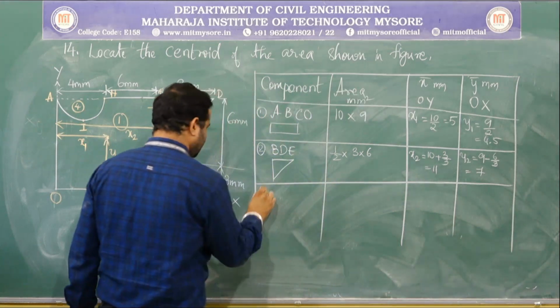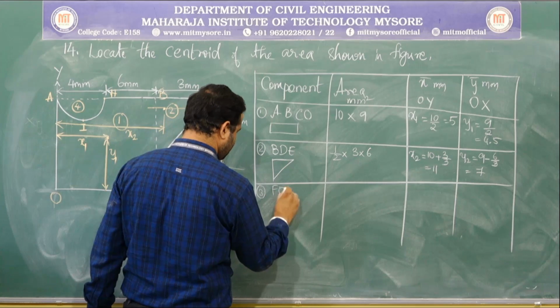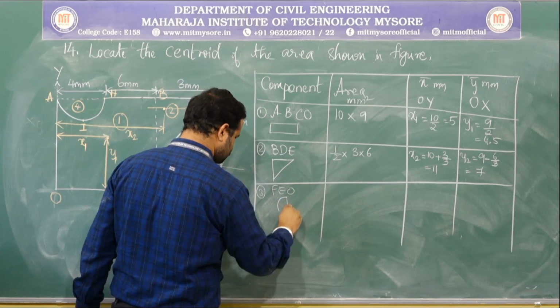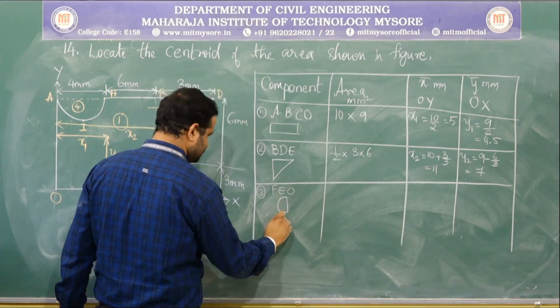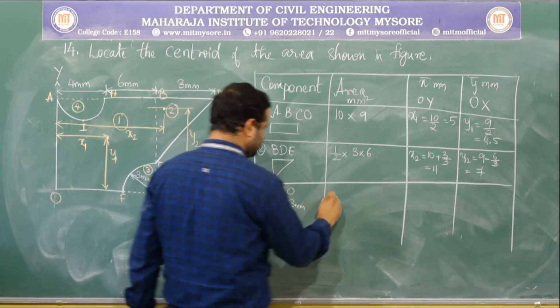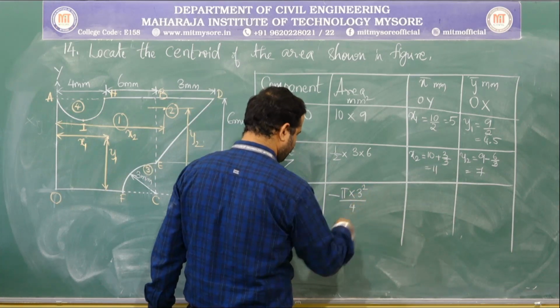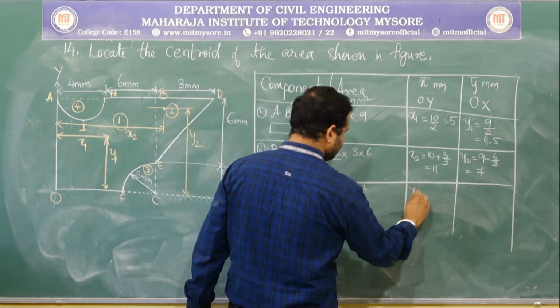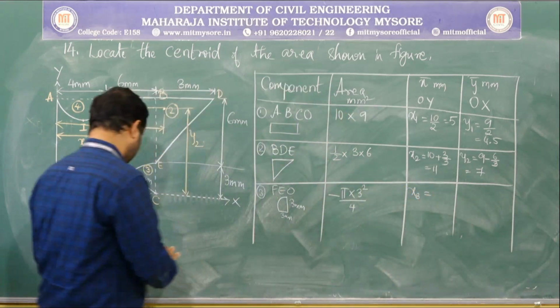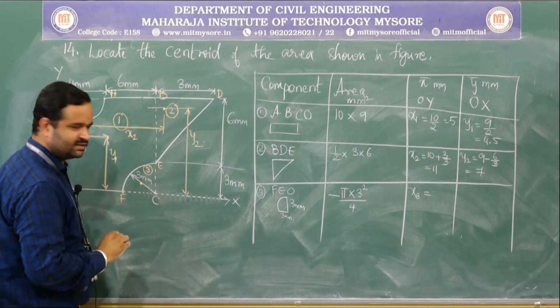Next, component 3. Component 3 is a quadrant FEO and the radius is 3 mm. Its area should be written with a minus sign, pi into 3 square by 4, and its x3 shall be equal to... we know the center of this lies here.